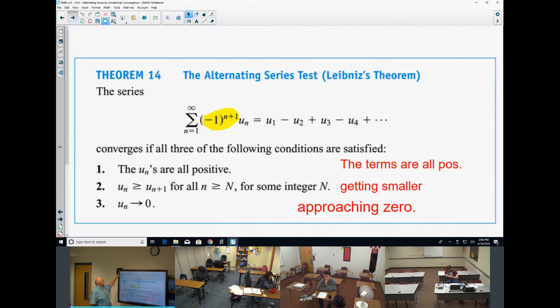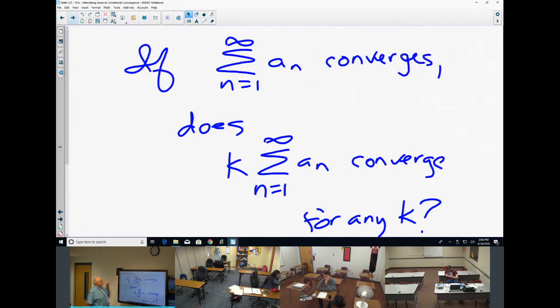All right. So, is this true? If a series converges, if I multiply that series by a constant, does it converge? What do you think?